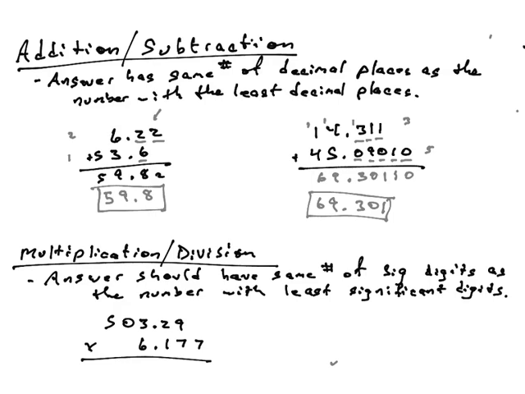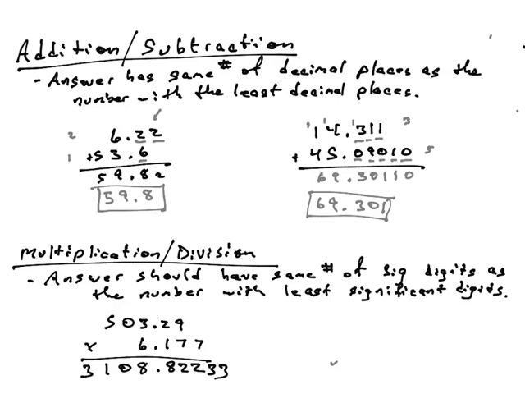I get 503.29 times 6.177, and I get the number 3108.8233. Again, if we were in grade school, school would say that's the answer to this problem, and you'd box it and you'd be done.